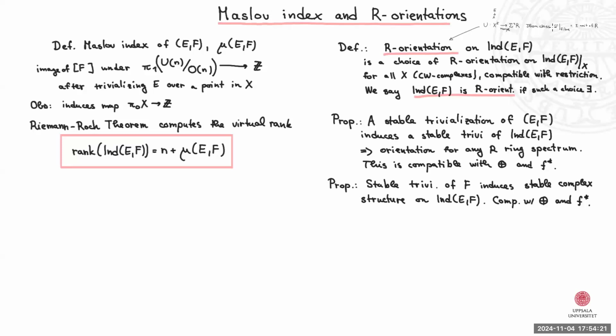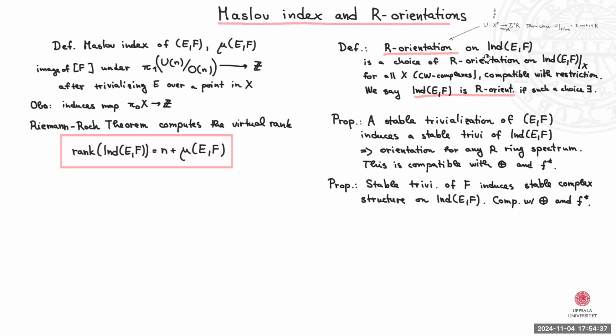It is called the Thom class if it restricts on fibers to plus or minus the units of the ring spectrum that you work with. So that's an R orientation, and you have such a thing.